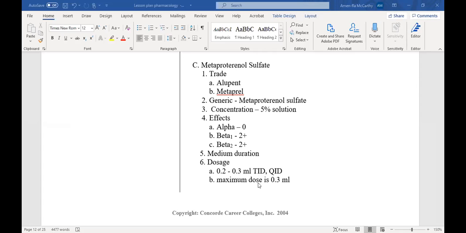So how many milligrams is 0.3 mLs of a 5% solution? Put it in the chat. That's how some of the answer choices will come. You've got to be able to work all this out.